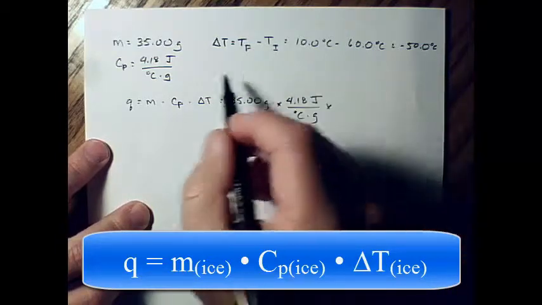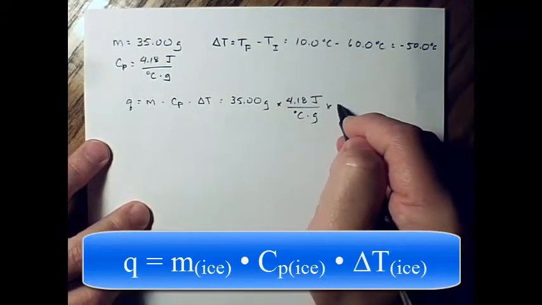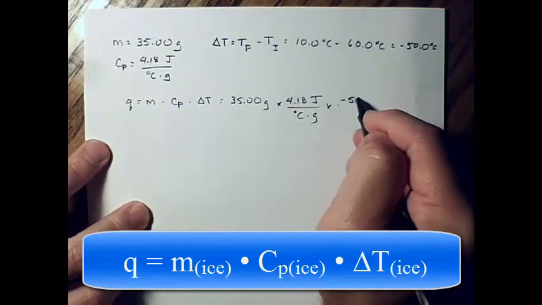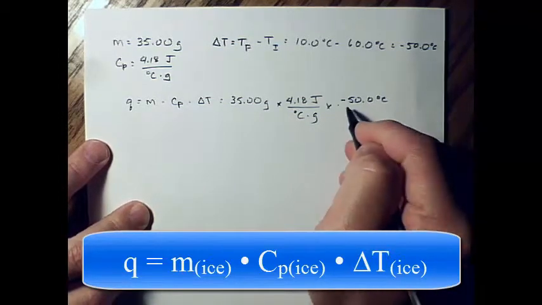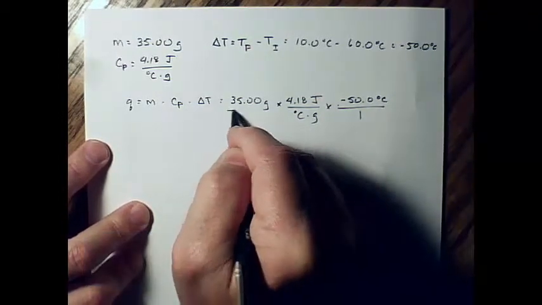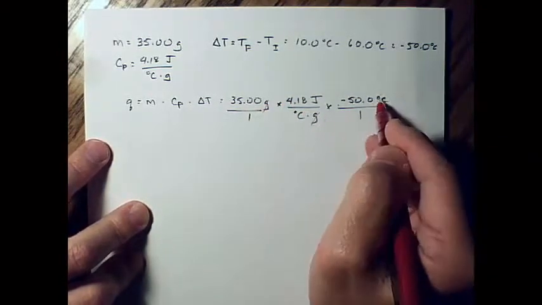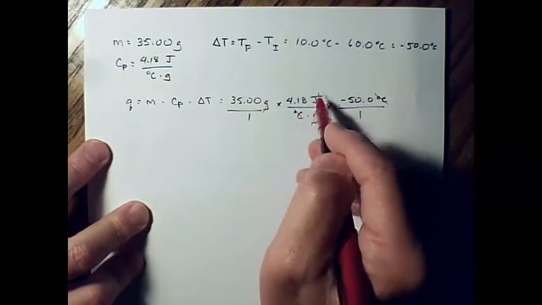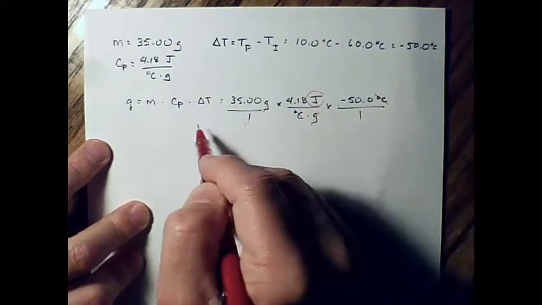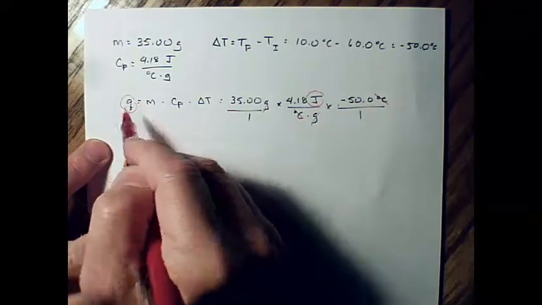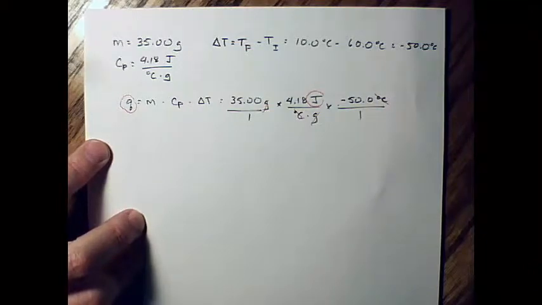And the temperature change here is minus 50.0 degrees C. Put this term over 1 and this term over 1 so we can see grams are going to cancel, degrees C are going to cancel, and we're going to be left with joules, and joules is a measurement of heat energy. So we know we've got everything set up right anyway.